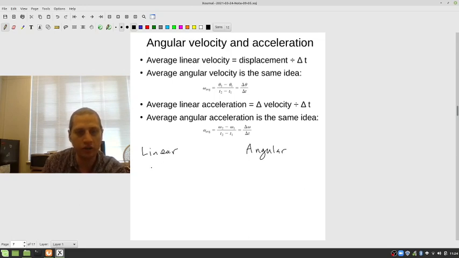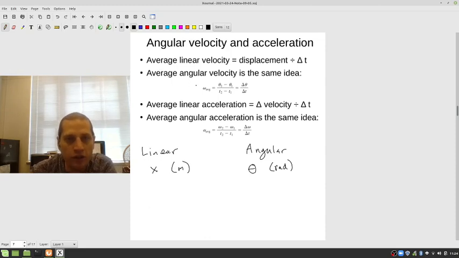Okay, so our linear coordinate, when we had a position, we would put it in terms of x, and that had units of meters. For angular stuff, we're going to have theta, which is in terms of radians. All right, now, if we wanted to find out the average linear velocity, we would just take our displacement divided by our time. That was meters per second.